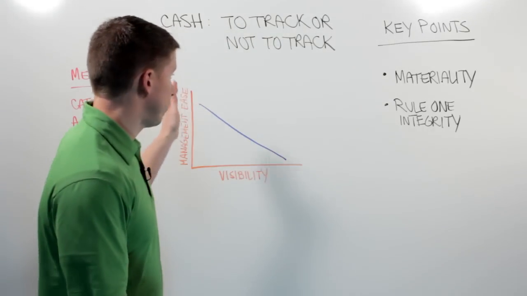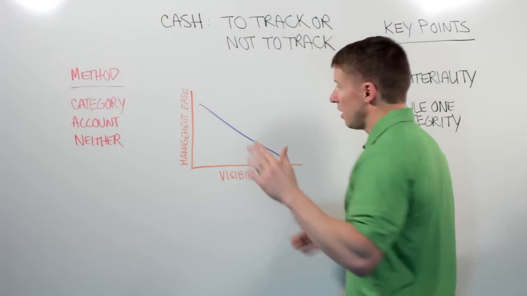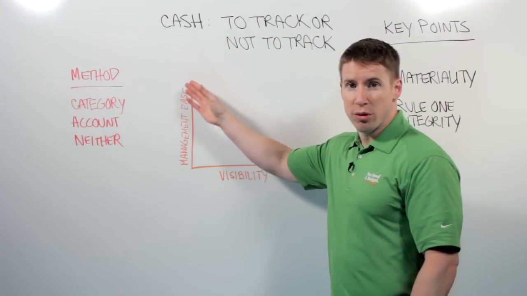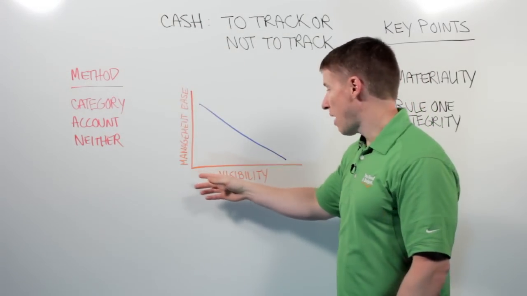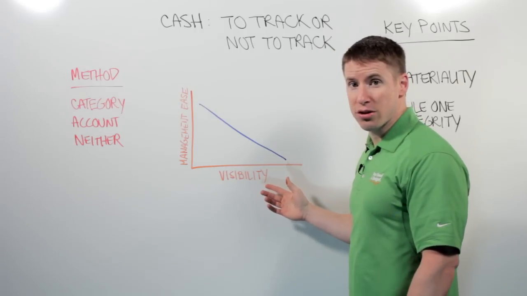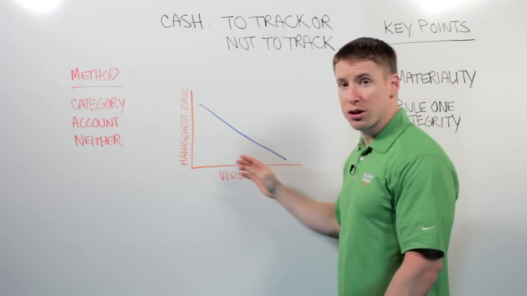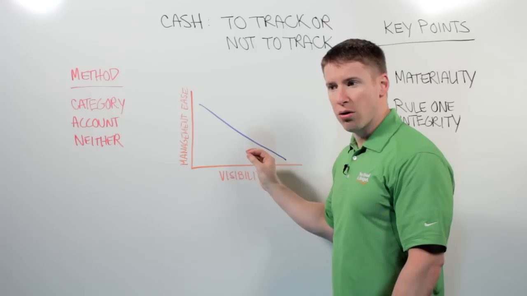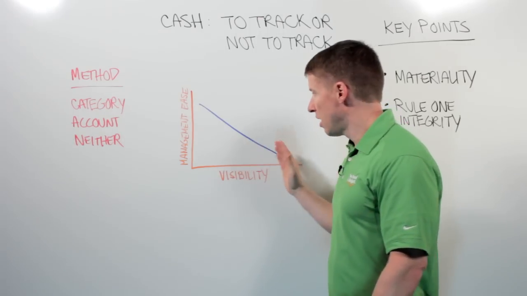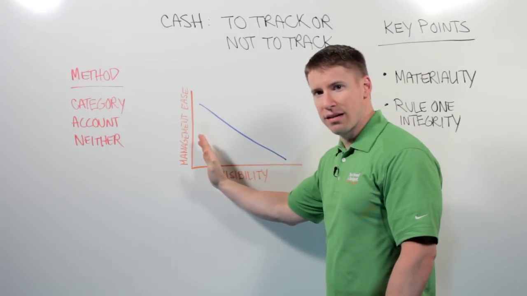Look at it this way with our whiteboard. You have your ease of management of cash, and then you have the visibility of what your cash is doing for you. If your cash use is so low that the visibility doesn't really matter, you'll want to be down on this side of things.